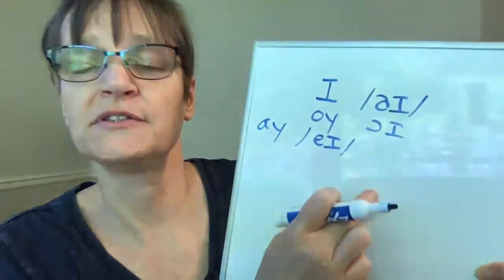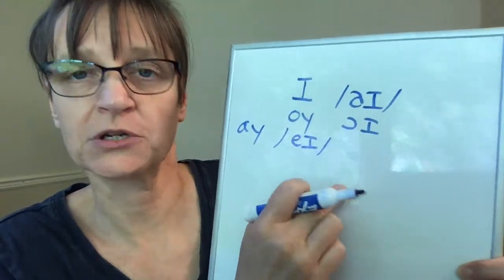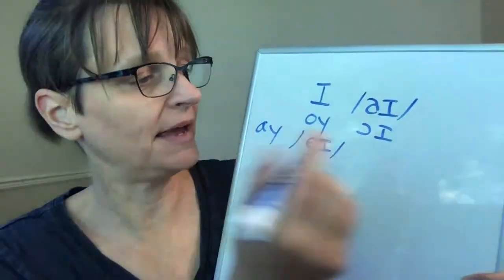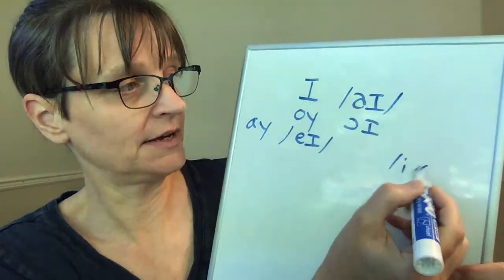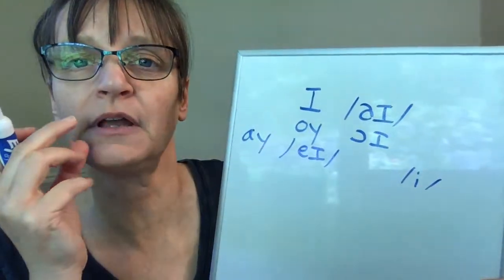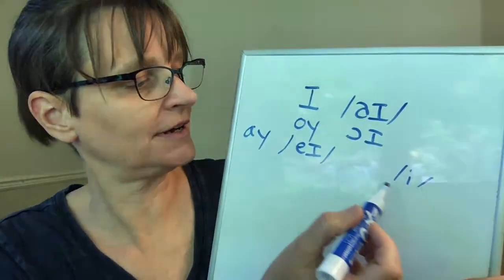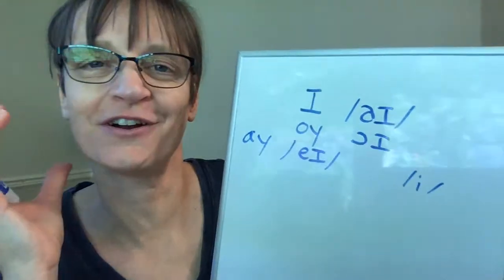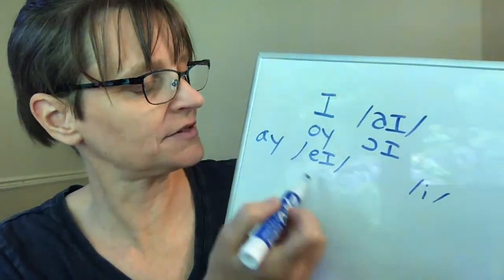And for all of these that have the I in the transcription, I think the same thing applies. I may have more of an E sound: I, Oi, A. It depends on your ear and how you're thinking about how that sounds.